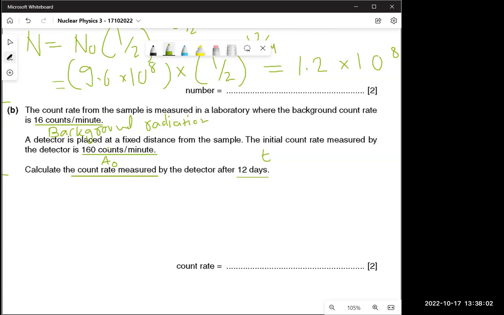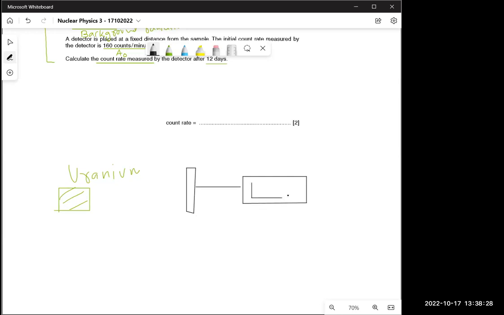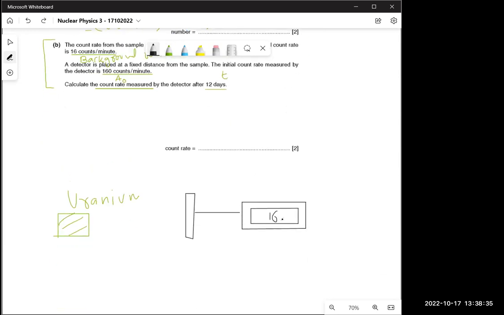Now, one thing we need to realize is how to find the count rate because of the particle. Let's make a diagram here. Perhaps you have a particle here which is radioactive, let's say uranium, very radioactive. And I have a count rate measuring device here, connected to some meter which gives me a reading. Let's say at the beginning it was telling me that the count rate is 160.